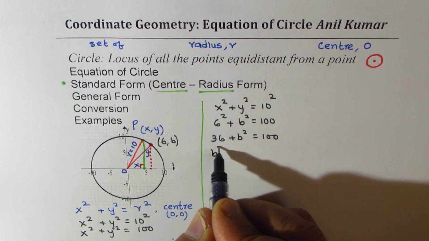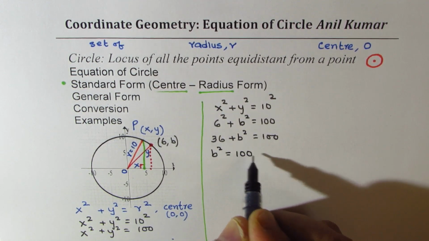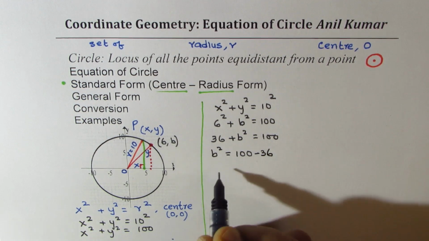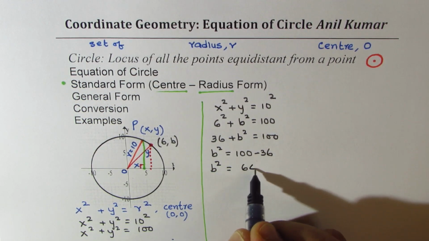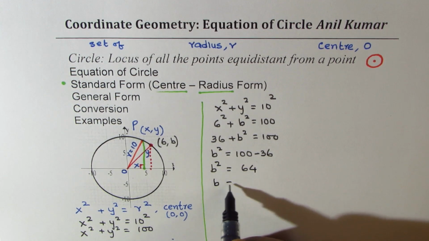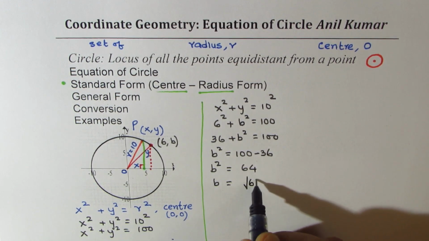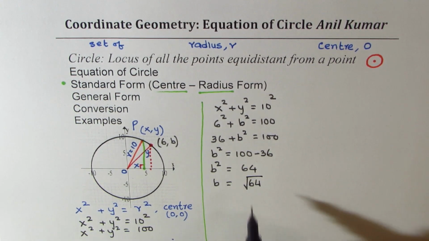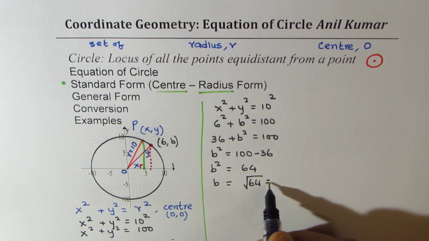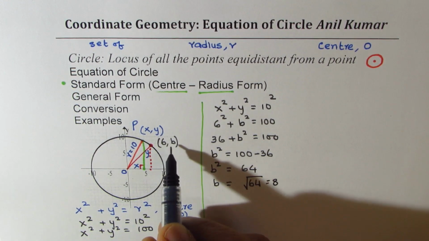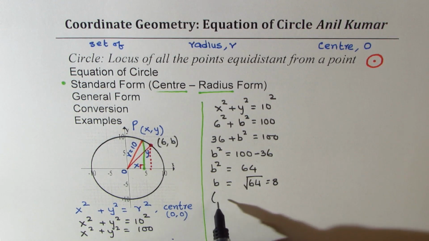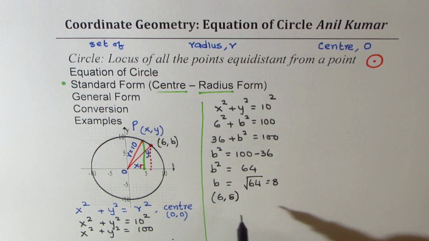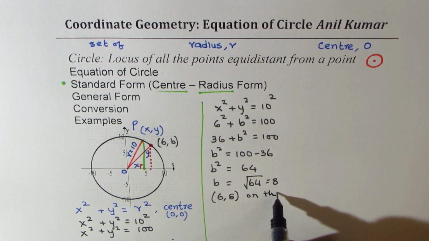We get b squared equals 100 minus 36. That is to say, b squared is equal to 64 and b is equal to the square root of 64. Now the square root of 64 is 8. So that means b is 8 for us. So the point (6, 8) lies on the circle.